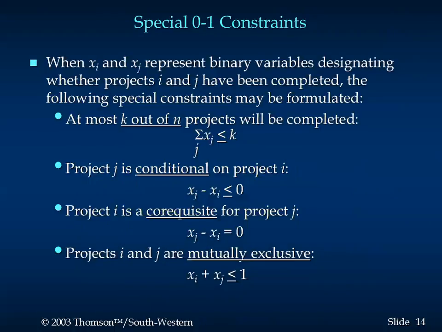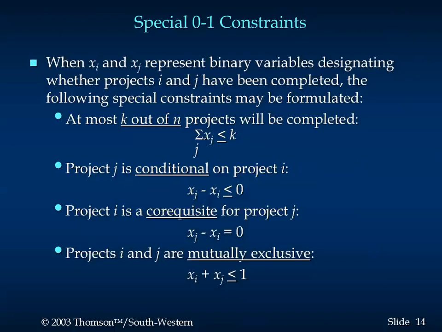0, 1 variables can be used in a nice way to express dependence. So when xi and xj represent binary variables, designating whether project i and project j have been completed, the following special constraints may be formulated.